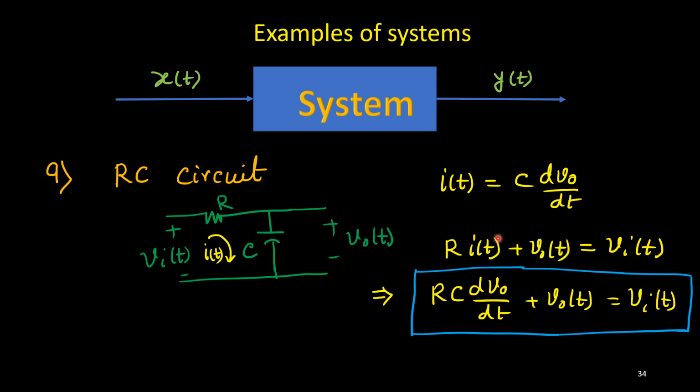Now I can replace i(t) by C dv_0/dt, so we get RC dv_0/dt + v_0(t) = v_i(t). This is the differential equation, the model for this RC circuit. This kind of model we will be using to define the systems.